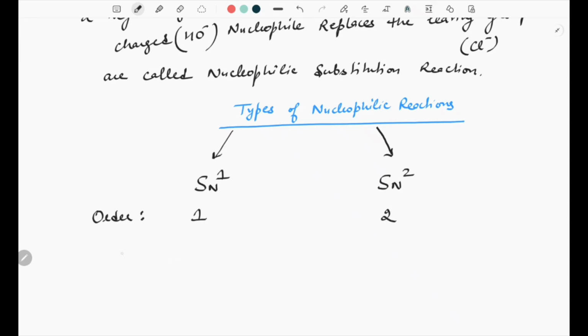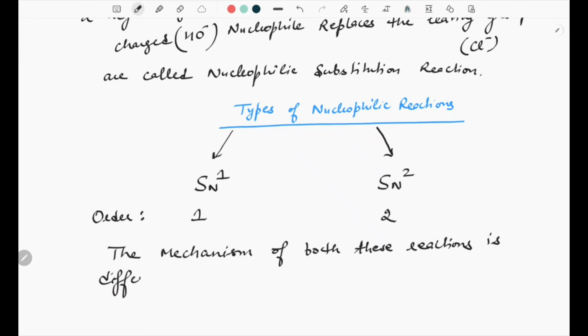The mechanism of both these reactions is different. So now we will study how SN1 is different from SN2, and we will discuss both these mechanisms in detail.